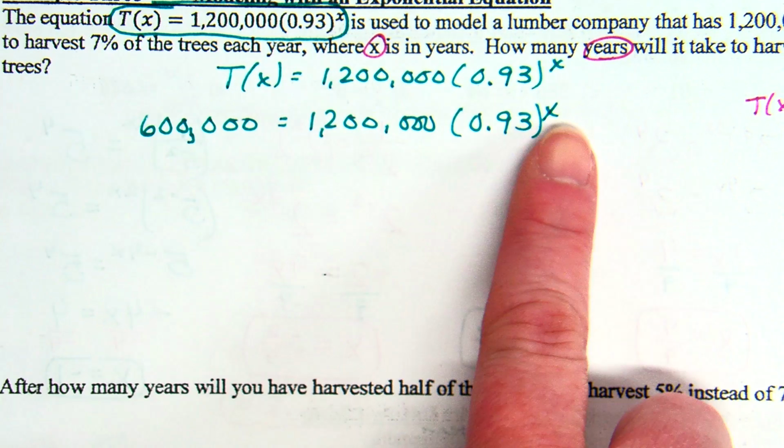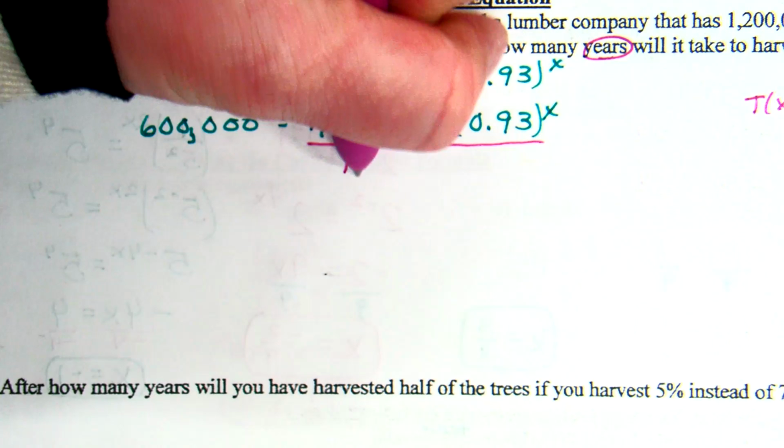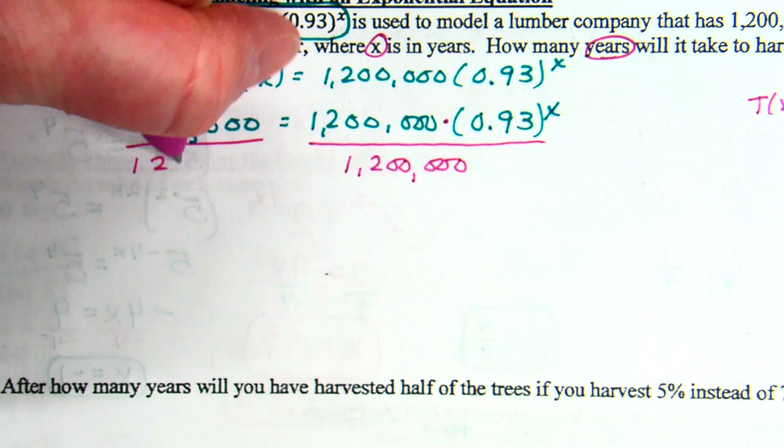So how do you get 0.93 raised to the power of x by itself? Well, if it's being multiplied by 1,200,000, we're going to divide. Now, if I divide the right side by 1,200,000, guess what? We're doing the left.